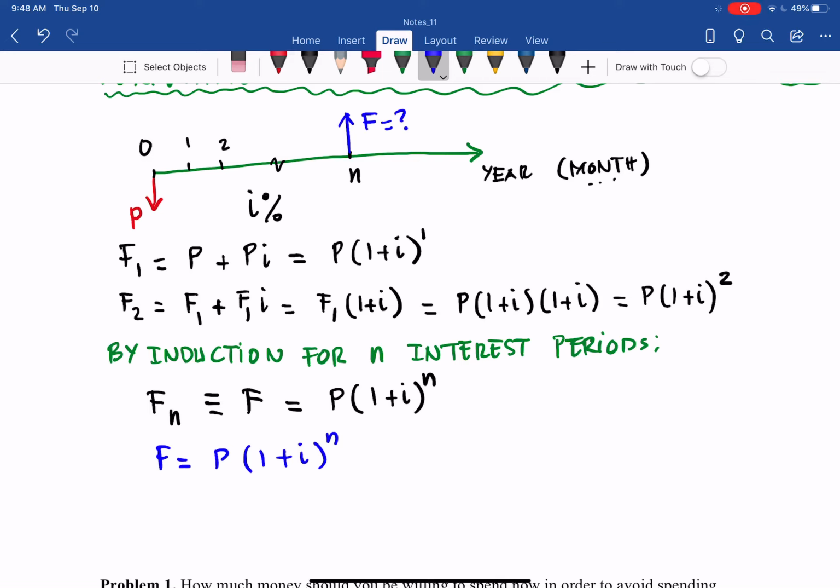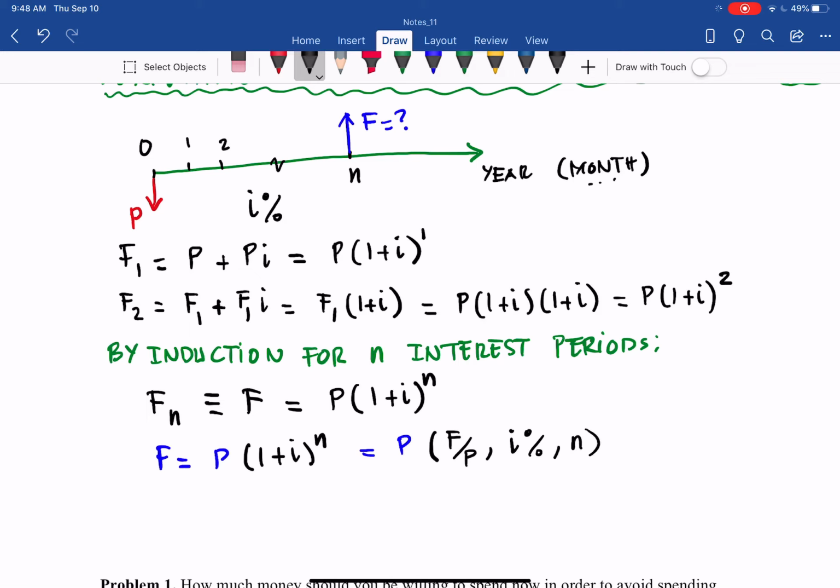And if we use the table, let me write in two different colors, the factor (1 + i) to the power n, it equals P times that factor. In the table, it is called the factor F over P, with i percent for n years.